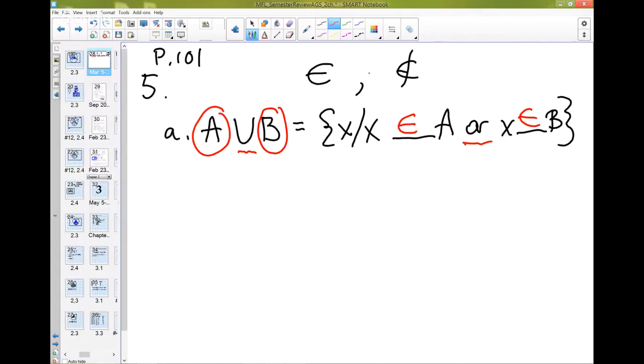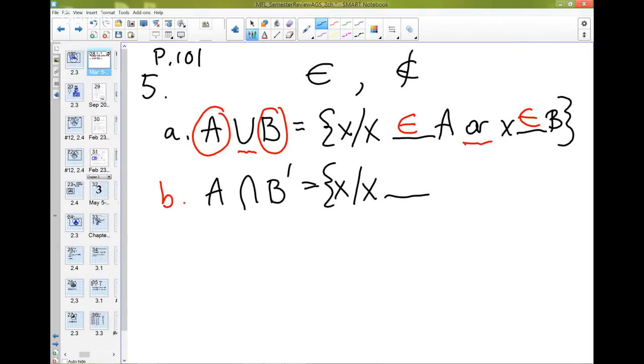Okay, let's do part B. We have A intersect B complement. And that's equal to all X such that X is an element of A and X is not an element of B. Again, we have already done part of this for you. You remember those, right?